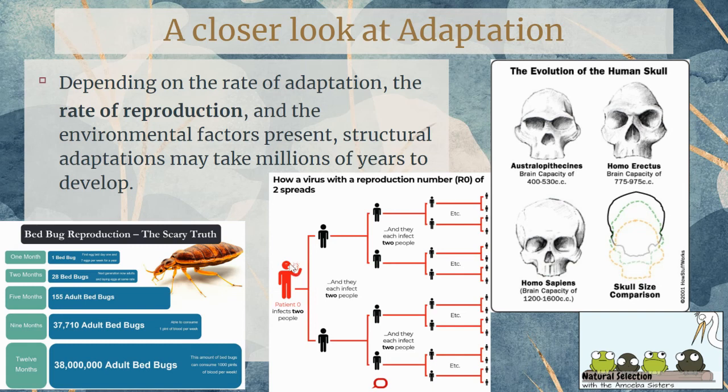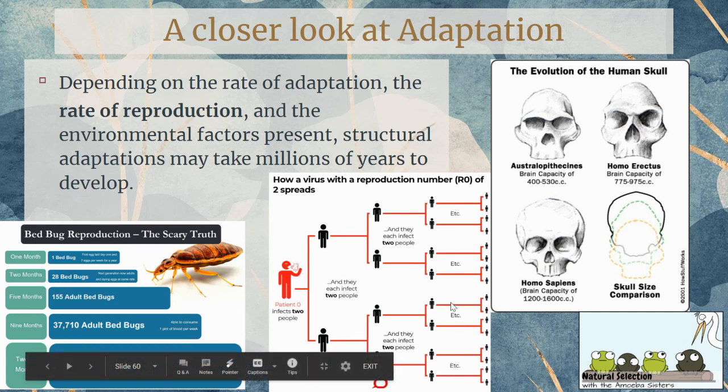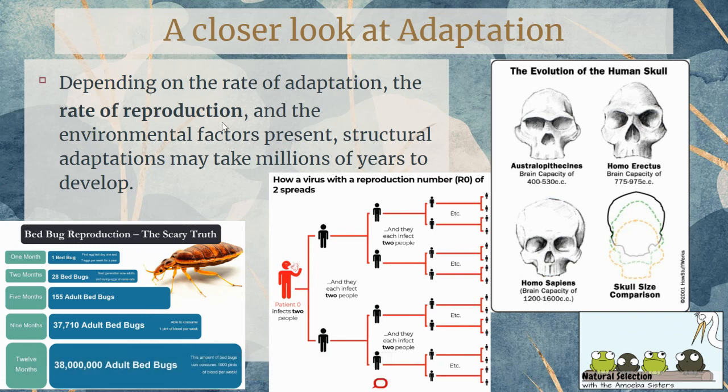And that would mean that for every person infected, they're going to infect 2 other people. So an R0 of 1 would mean for every person infected, they're just going to infect 1 other person. You can have an R0 of 0.5, which would mean you have a declining rate of infection. So that's another way that we look at rate of reproduction.